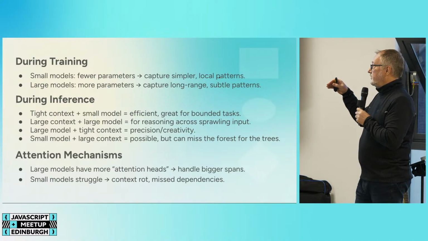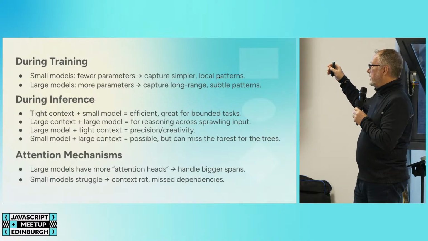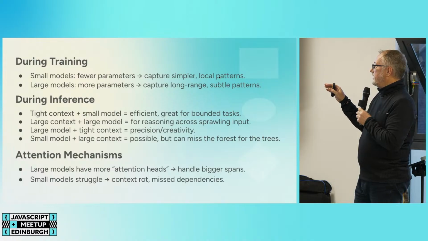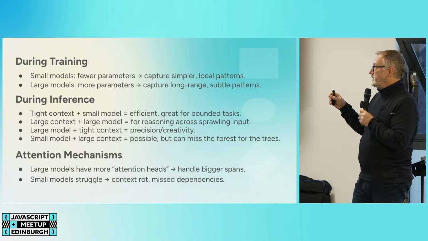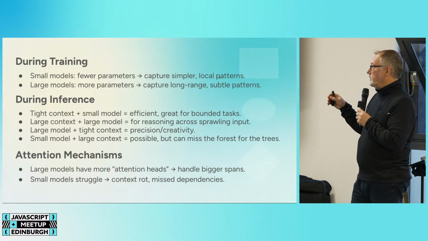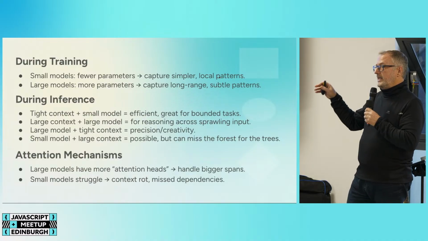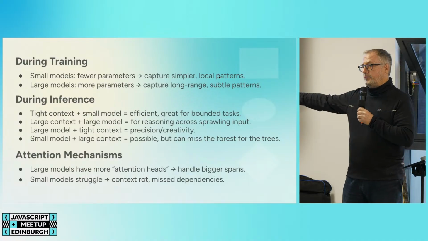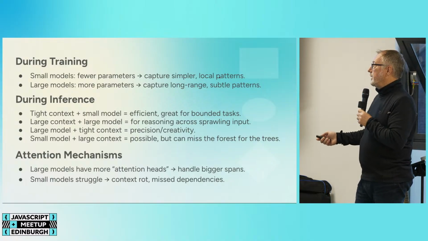Then during inference, all the different types there, as we've gone through before, and then there's the attention mechanisms at the bottom, which I hadn't come across before. Attention mechanisms are a way that you imply attention, I guess, in the model. There's a good statement here: large models have more attention heads, and therefore they can handle bigger spans. So there's some theory in there which I can come back to.